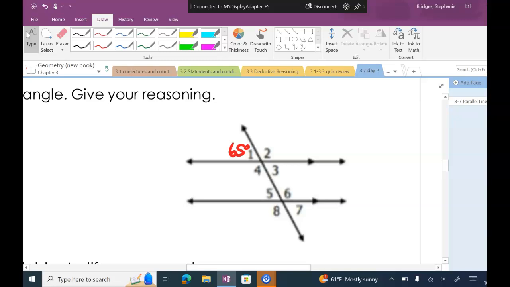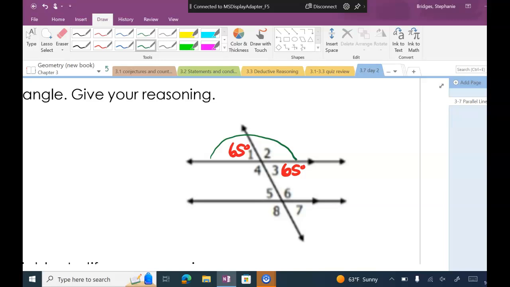What do we know about vertical angles? They are always congruent. So if angle 1 is 65 degrees, guess what angle 3 is? Okay. Now let me ask you this. 1 and 2, what kind of angles are they? A linear pair, and linear pairs add up to be 180.